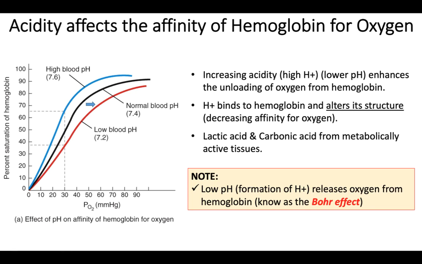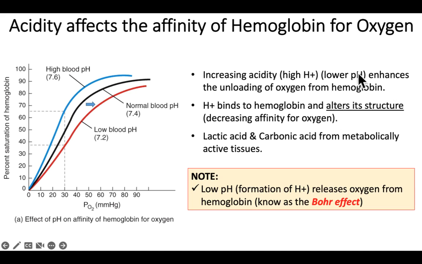Now, what is actually doing that? Well, you have to understand what acidity means. Acidity means you're generating more of these hydrogen ions. That's the measure of pH, by the way. The more of these you have, the lower the pH, and the lower the pH, the more acidic you are. And it's actually this hydrogen ion that ends up binding to hemoglobin and altering its structure.